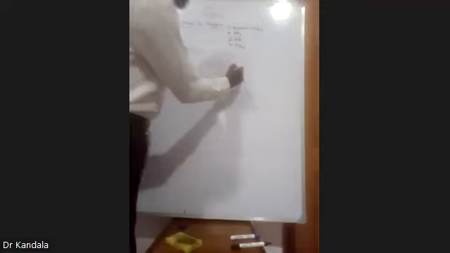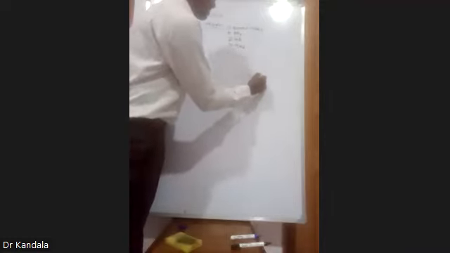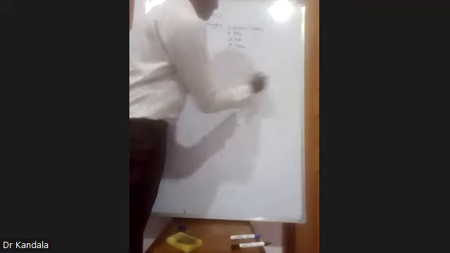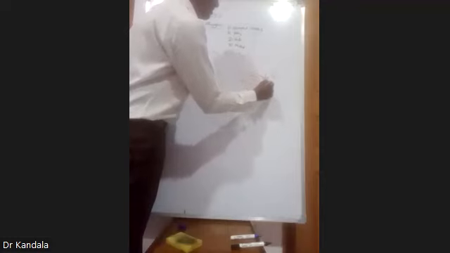Therefore, the oxidation state of oxygen in superoxide is -1/2. So this is about superoxide.